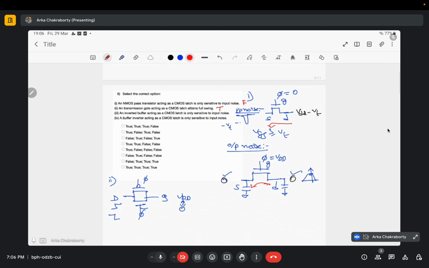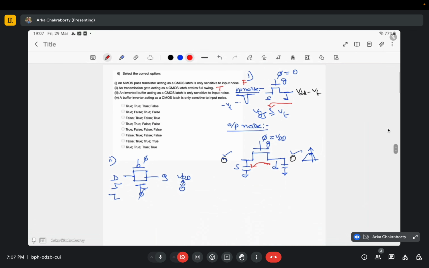Though there will be other problems, like input and output noise would be present, and leakage terms will affect, my swing problem that was present with the NMOS pass transistor acting as a CMOS latch will be solved using a transmission gate.